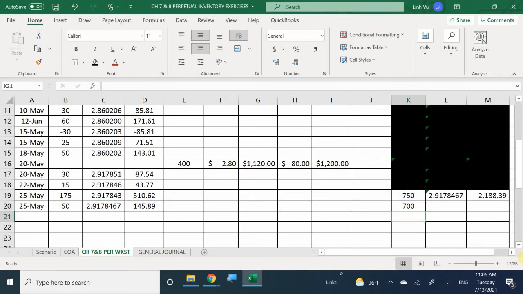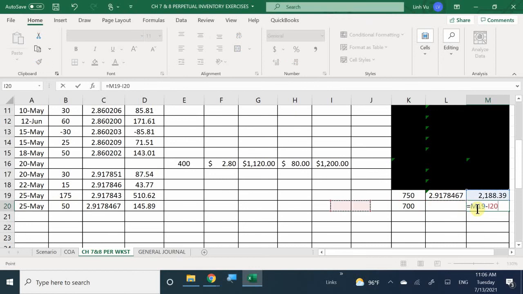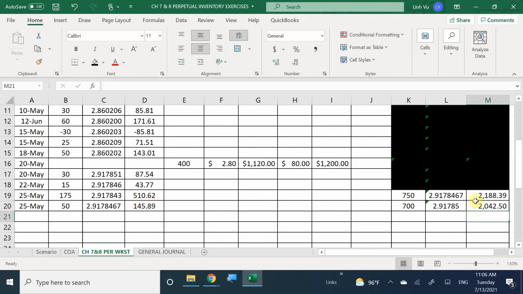I started out with 750. Now I'm down to 700. So what's my new total cost? 2042.50, right? Which my cost per item did not change that much.